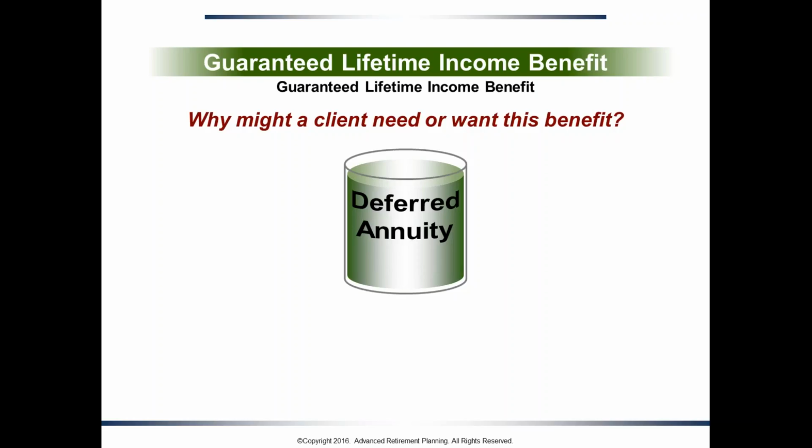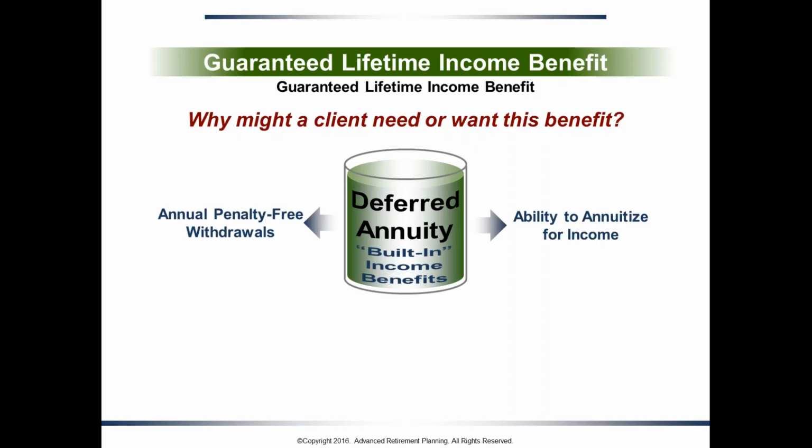It could be any type: a rate guaranteed MYGA, a traditional design, or a fixed indexed annuity. The first thing to understand is that a deferred annuity, without adding a rider like a GLIB, already has some built-in income benefits. They're standard equipment, so to speak.